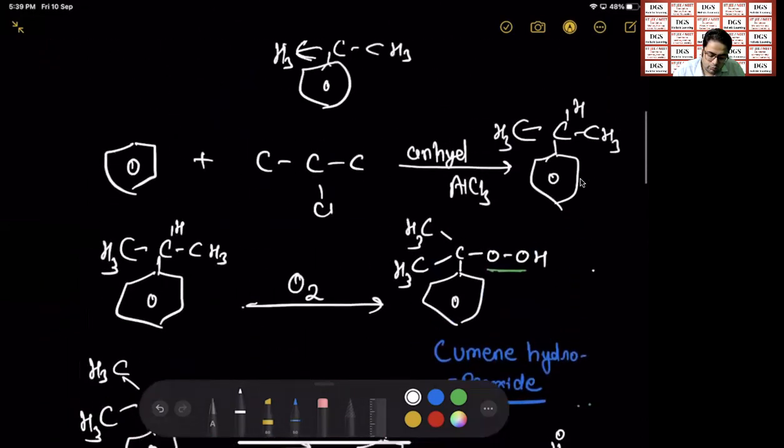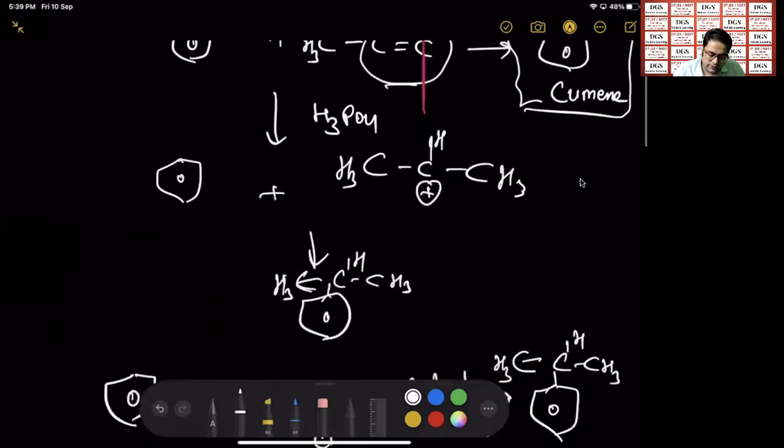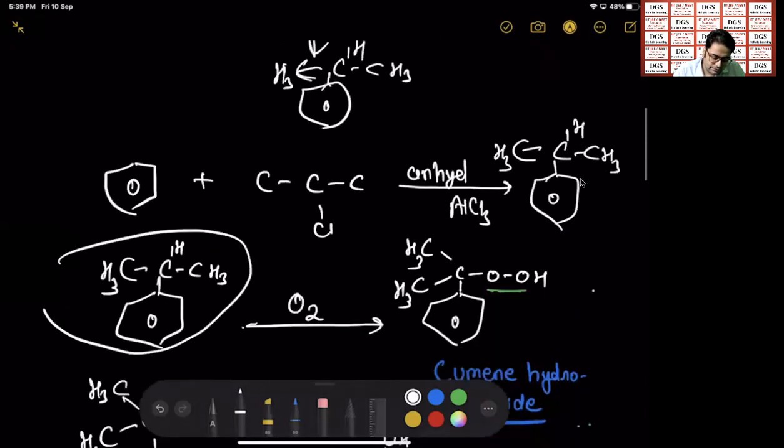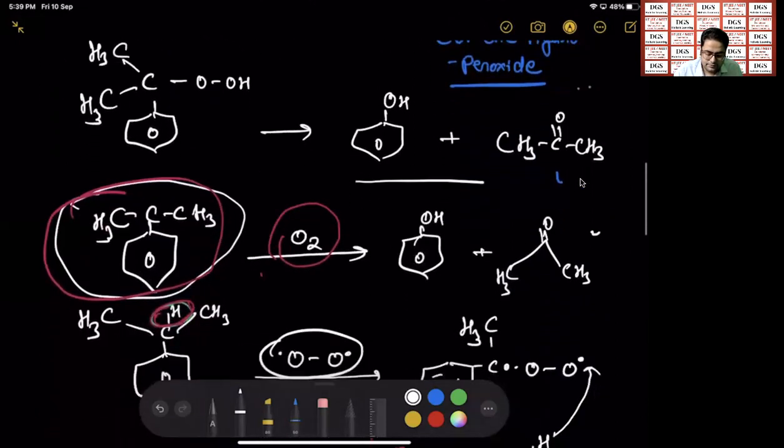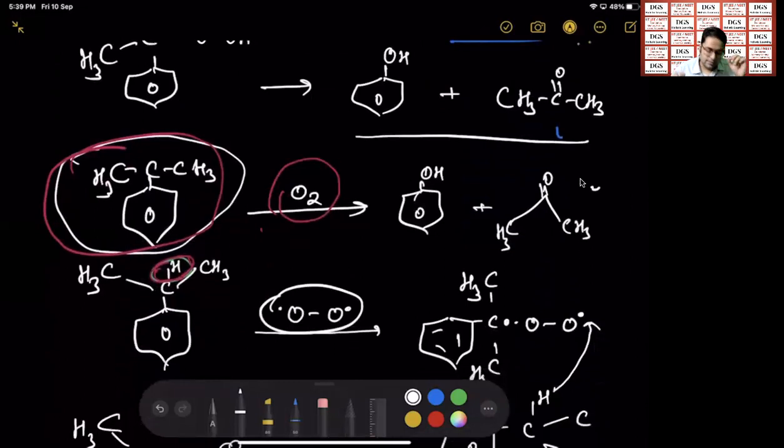Fine. So what is the main reaction? Cumene process. Cumene is this isopropyl benzene, and this gets oxidized with the help of atmospheric oxygen and gives us these two, acetone plus phenol. And the whole mechanism actually involves a free radical formation.